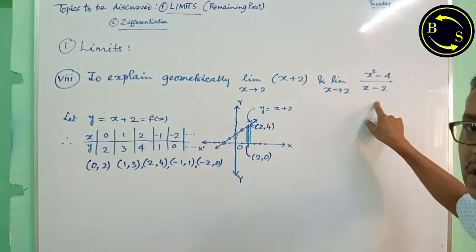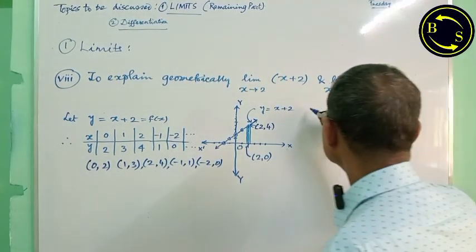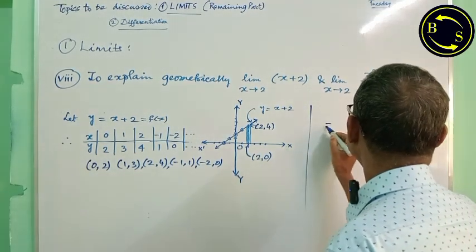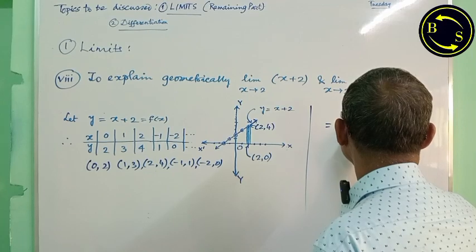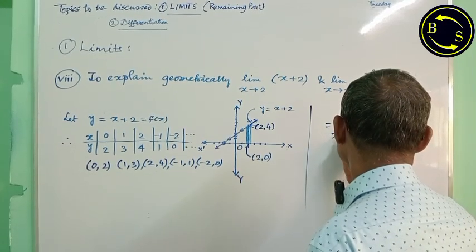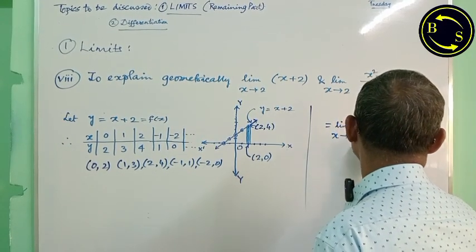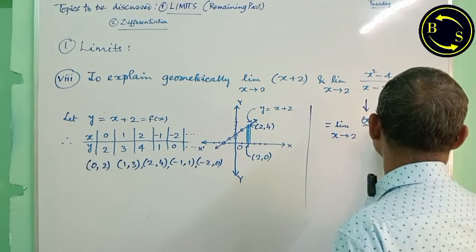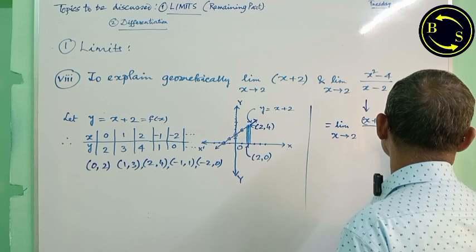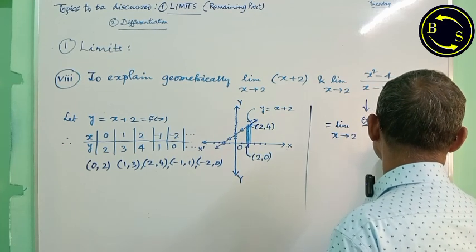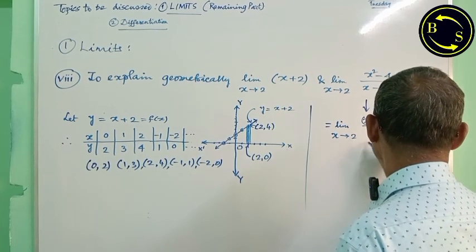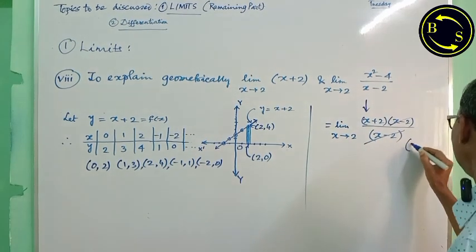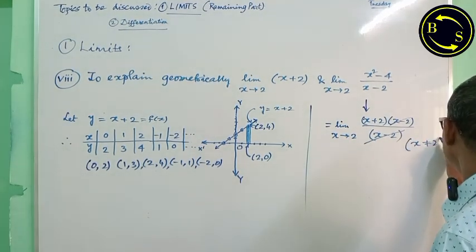Now we consider this one. If we simplify, it will be the limit as x tends to 2 of (x plus 2) into (x minus 2) over (x minus 2). Now, since x tends to 2, here x is not equal to 2.